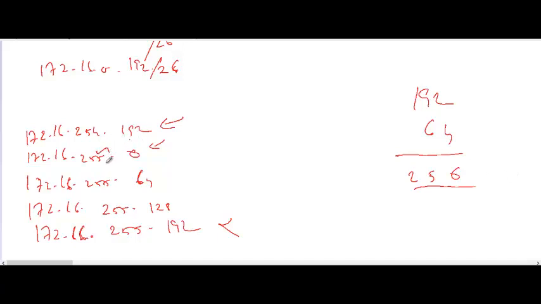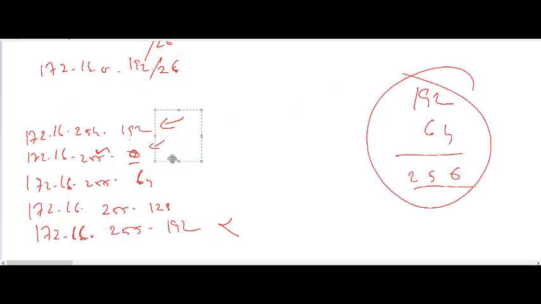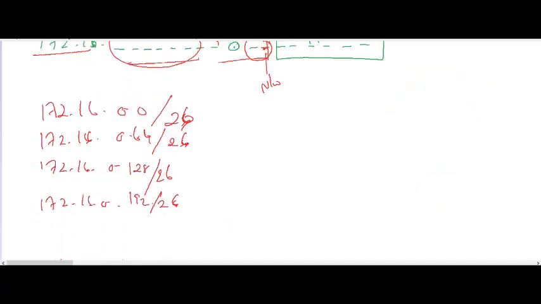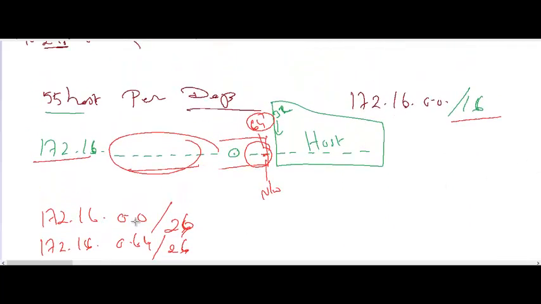Last is 172.16.0.62. You see, you got 62 IP addresses. How many you need per department? 55. So you got an additional 7 IP addresses. It's okay. In future, you may add a few more computers. You need not do subnetting again. 5, 6, 7 IP addresses extra is okay.